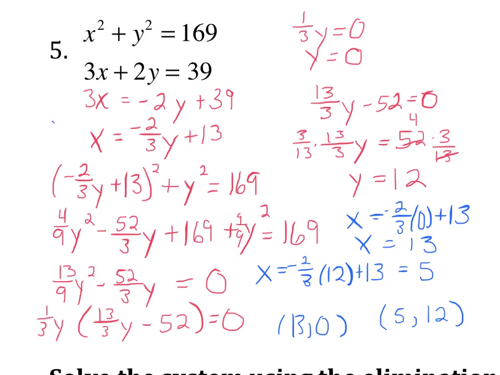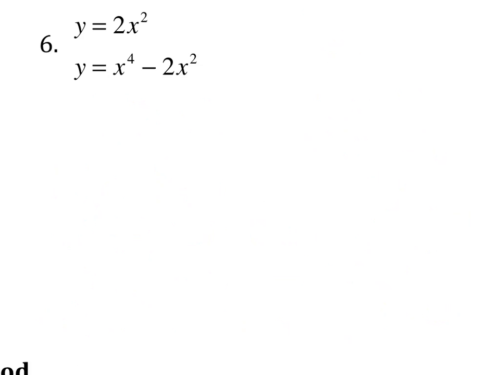There we go. For number 6, we have y equals 2x squared and y equals x to the 4th minus 2x squared. So again, since these are both set equal to y, we can just set them equal to each other. So we have 2x squared equals x to the 4th minus 2x squared. So I'll just subtract the 2x squared to the other side and get x to the 4th minus 4x squared.